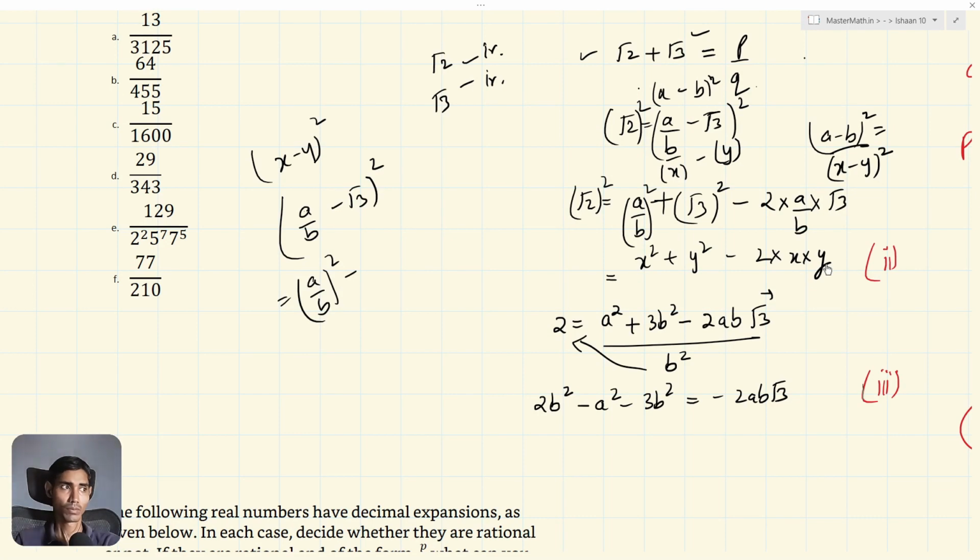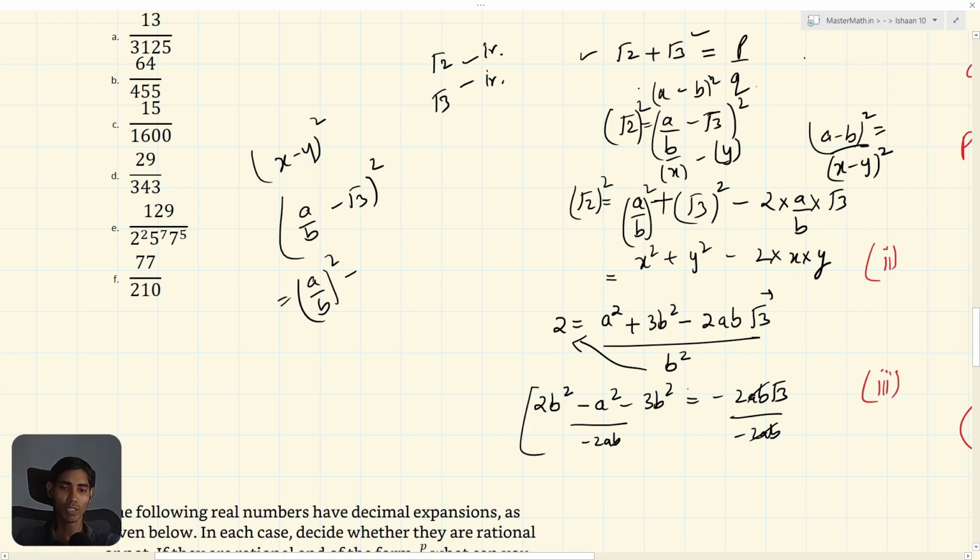Now if we divide both sides by minus 2ab, what do you get?